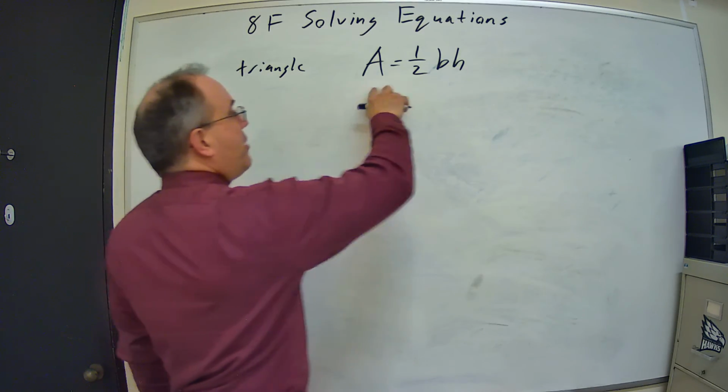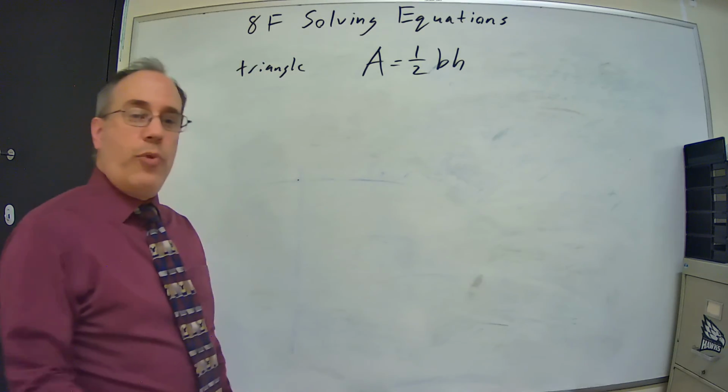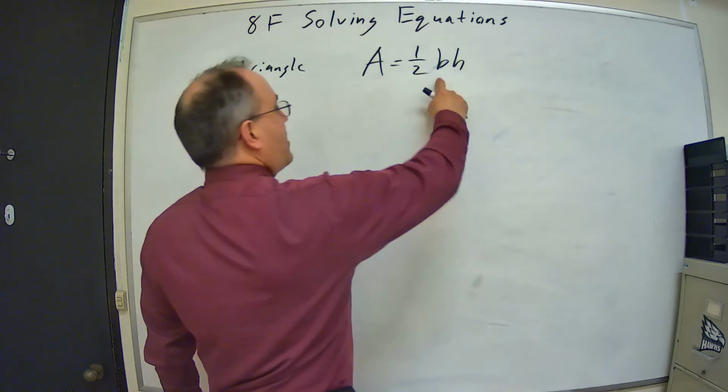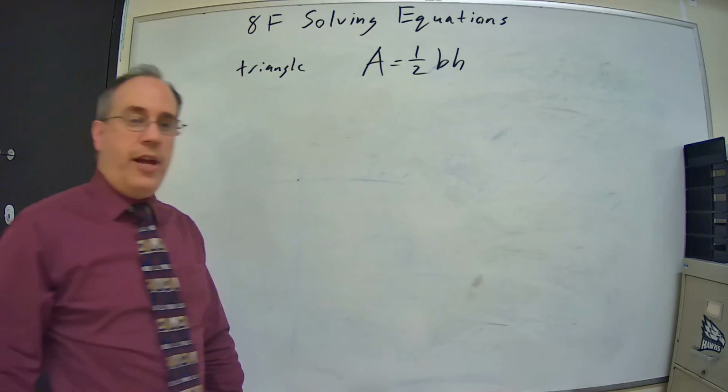So I have 3 variables here. And what we dealt with when we first talked about this was we said, okay, if I have the base and I have the height, then I can find the area.